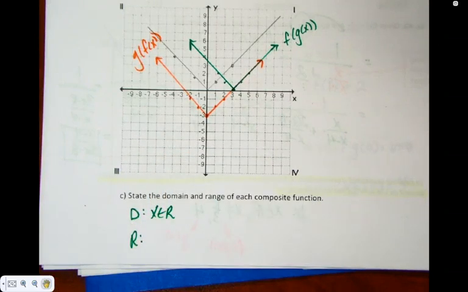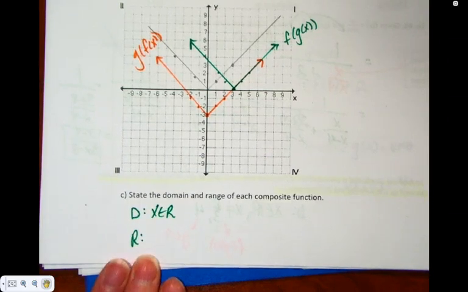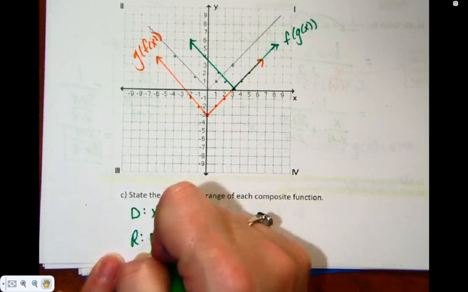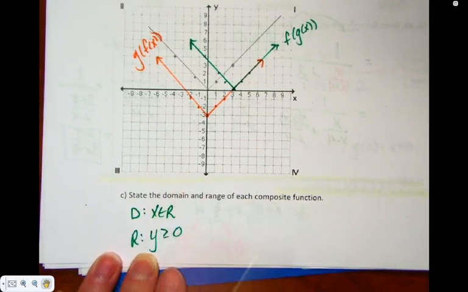What about the range? It's frozen, you can't see that. What about the range? Except I think you wanted y there.